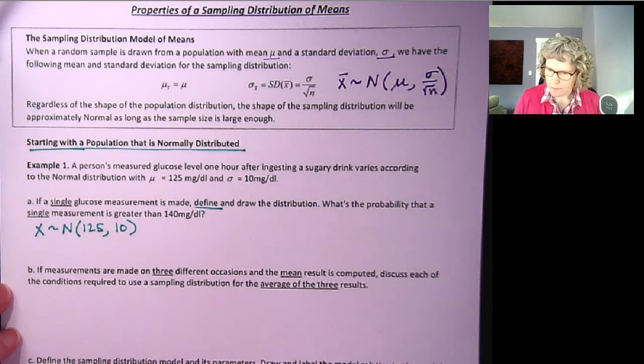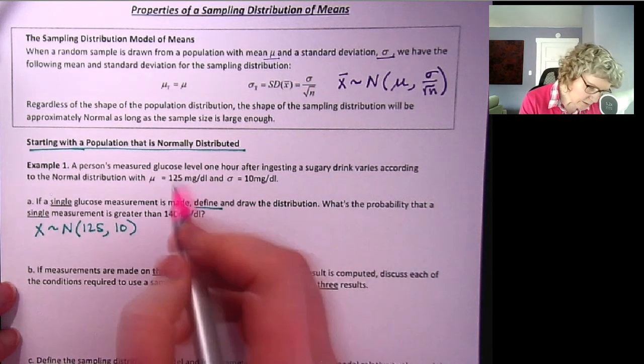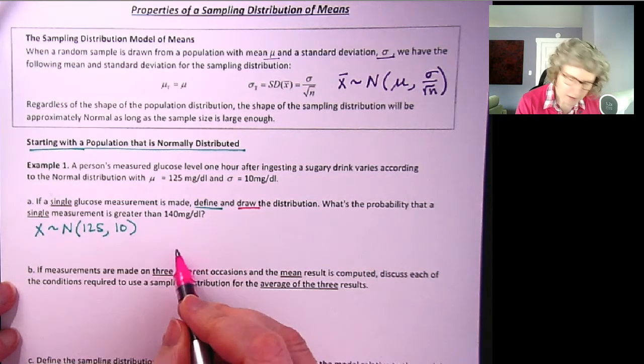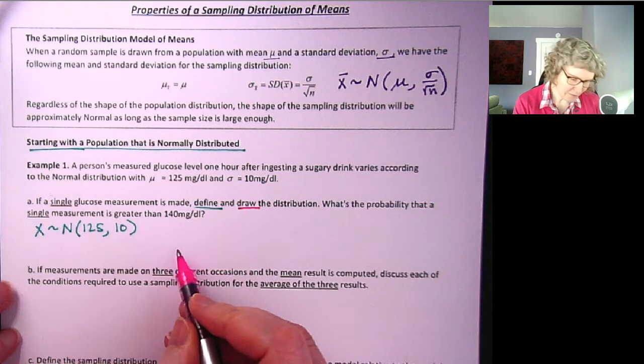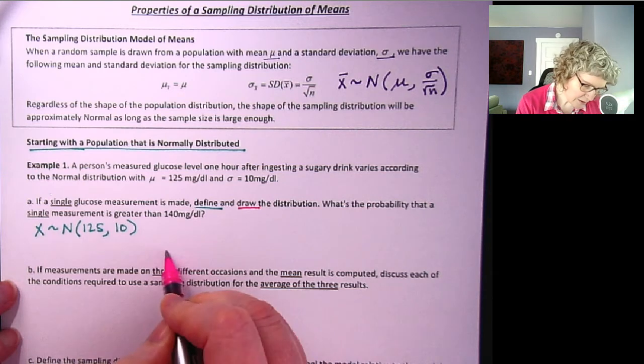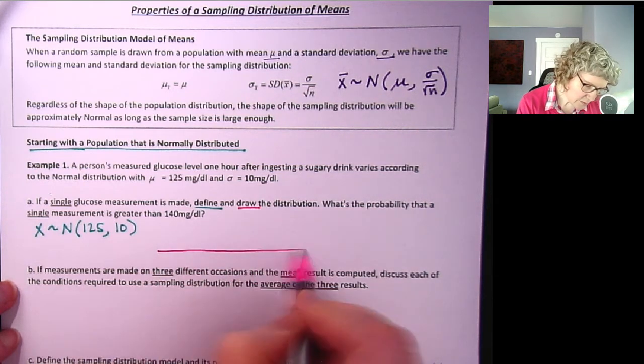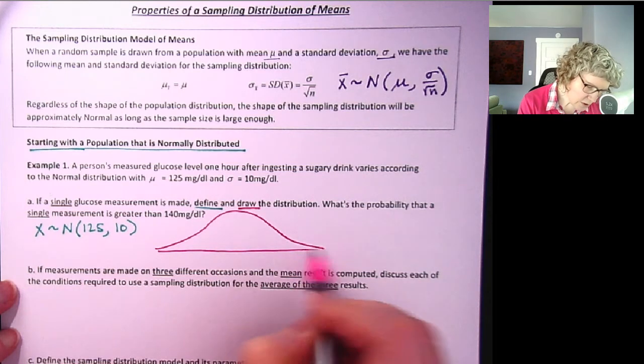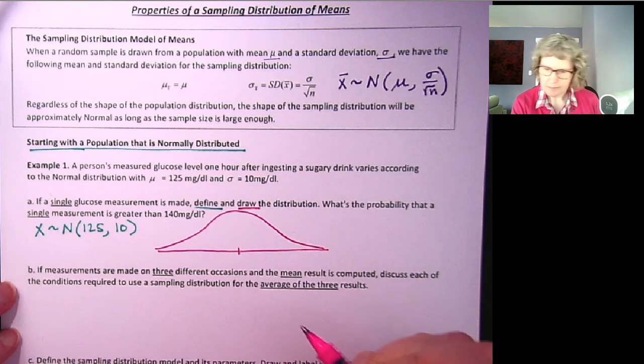So that's defining. Then I'm going to draw it. I know there's not a ton of room in these notes, but I'm going to leave myself enough space to label it underneath and just draw it out the best I can.